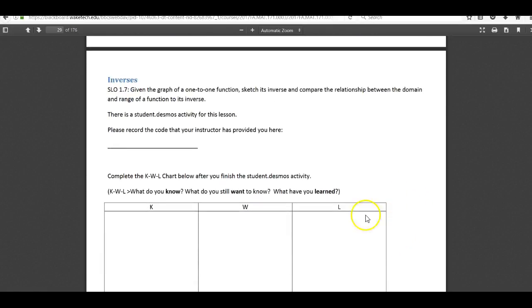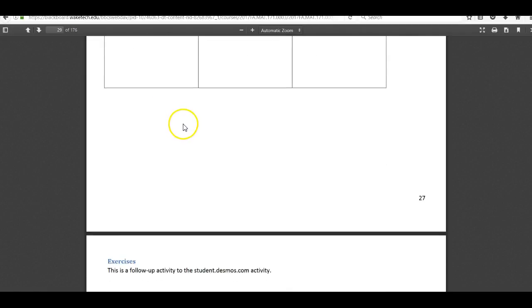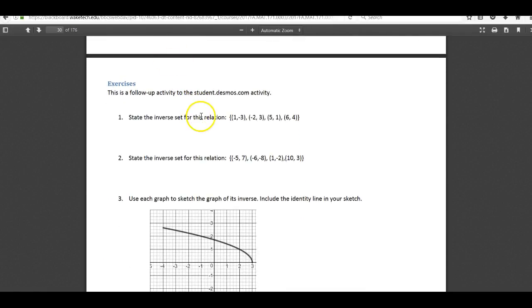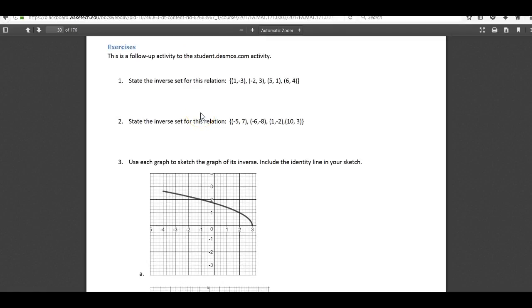Now, the whole point of an inverse function is undoing what a function does. So what we're going to talk about in the Desmos lesson and the interactive lesson is just the whole concept of what an inverse function means relative to an original function.